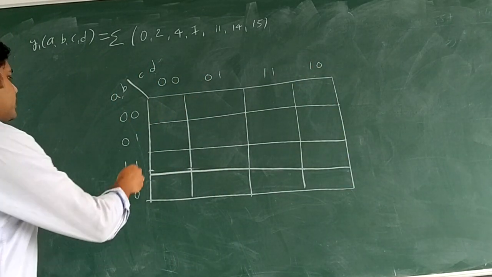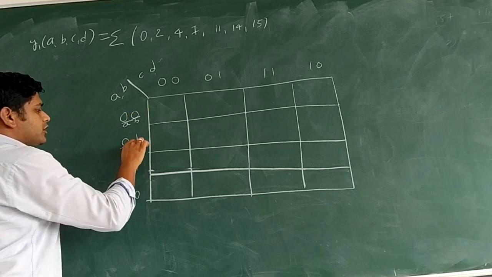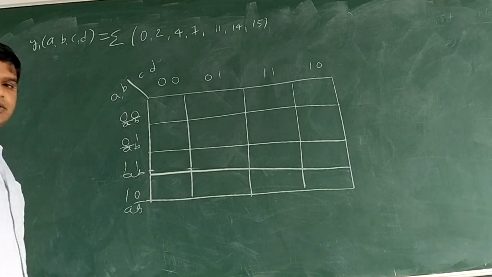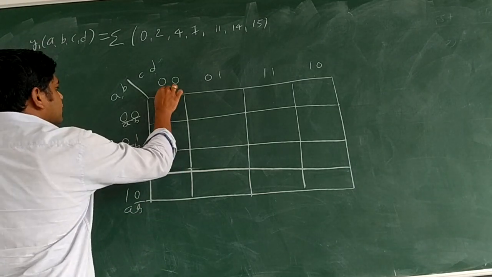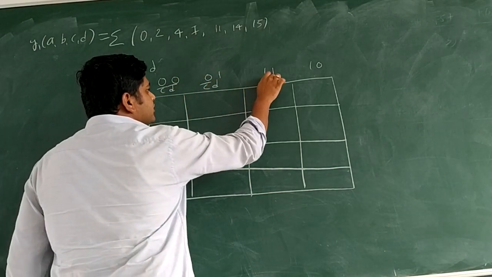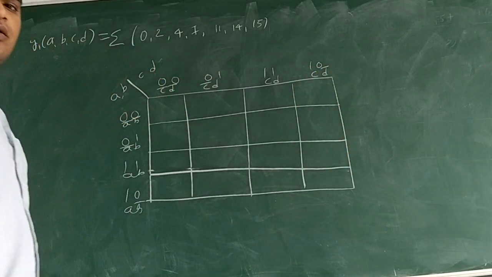The variable formats are A complement B complement, A complement B, A B, and A B complement in the last row. Column wise, C complement D complement, C complement D, C into D, C into D complement.